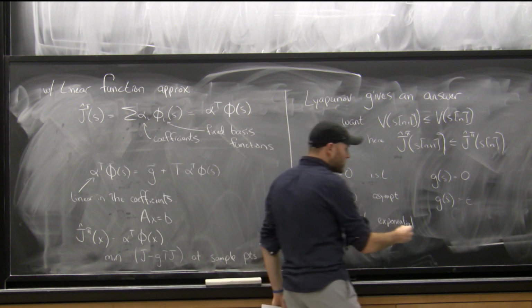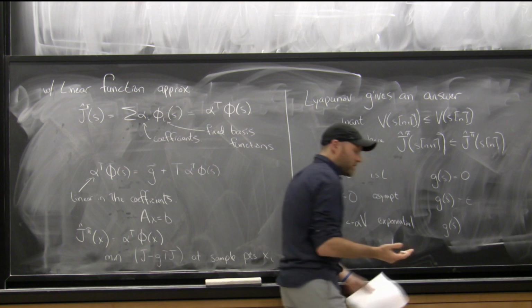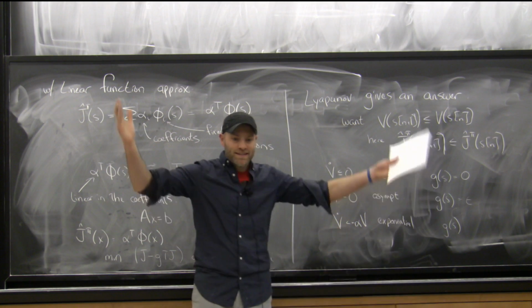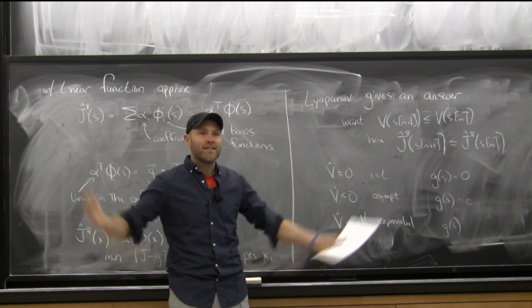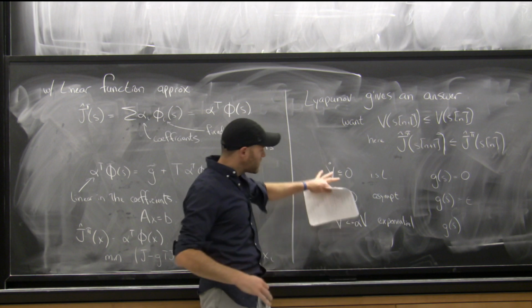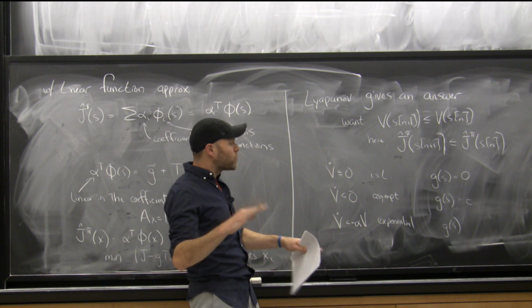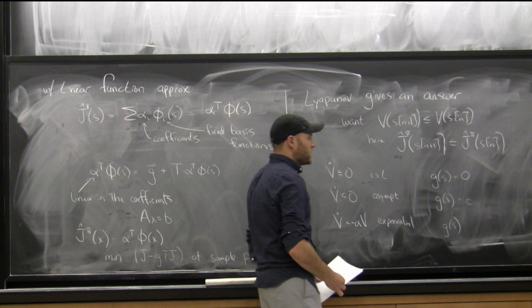And then the exponential is sort of like G of S is bounded below by some quadratic function. So it's got some rate that it'll go down. Okay? So to some extent, I think the intuition you have about cost to goes should really map nicely to what you can say about Lyapunov.